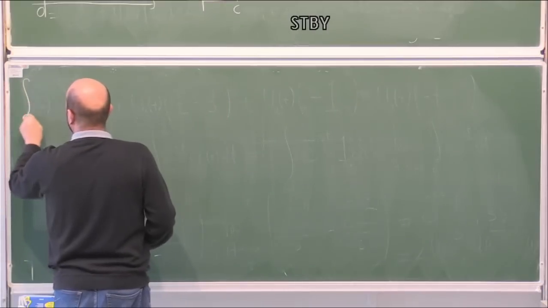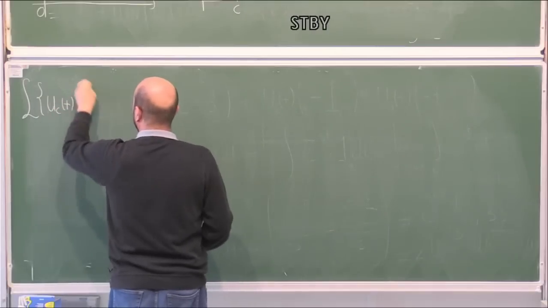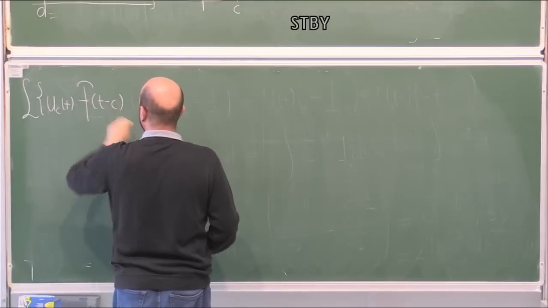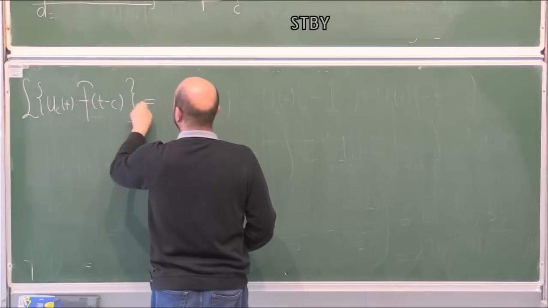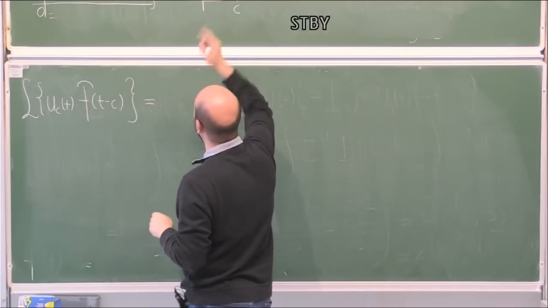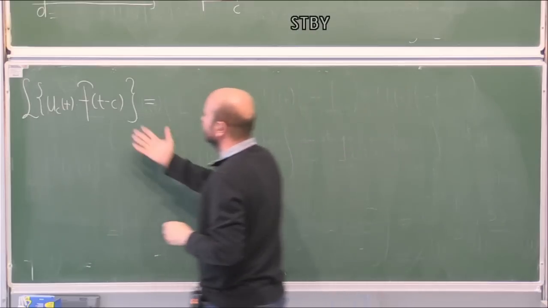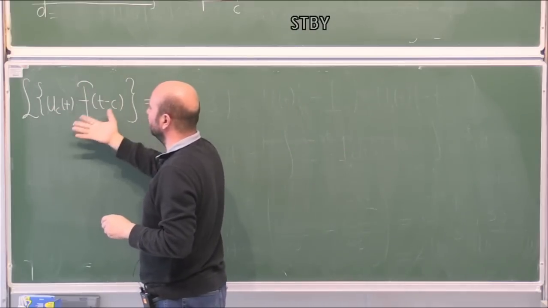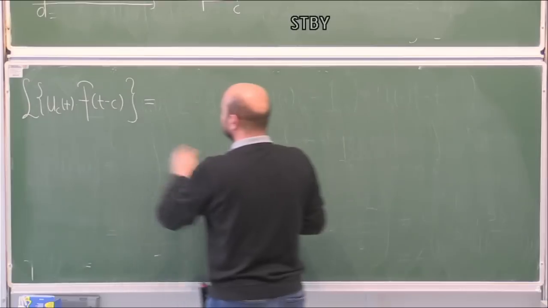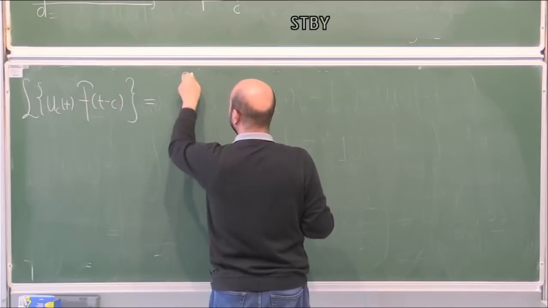All right, u_c(t) times f of t minus c. And now just remember the computation for the unit step function. This product is completely zero until c. So this is going to be the integral from c to infinity.